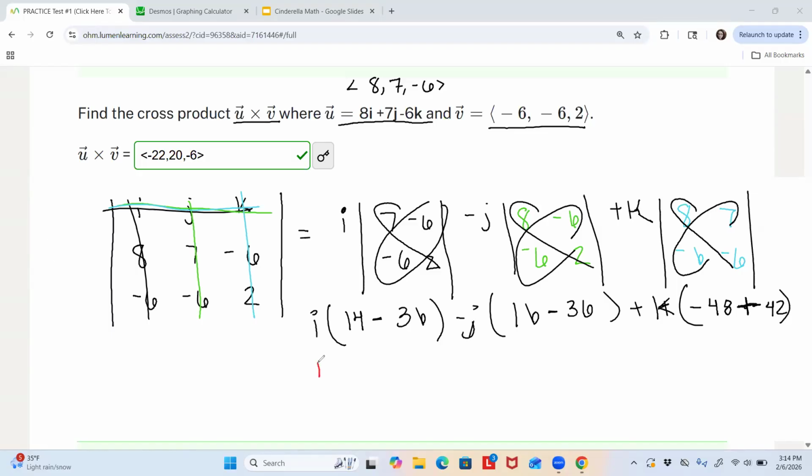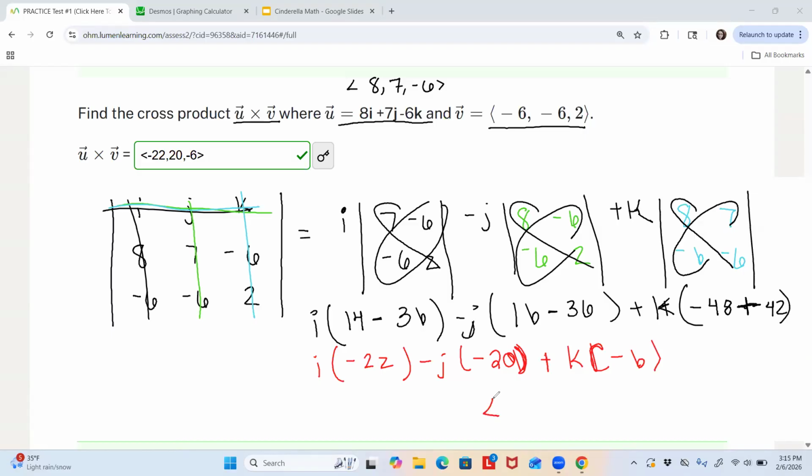So that's i, 14 minus 36, what is that? Negative 22. Minus j, 16 minus 36 would be negative 20. This pen is just having a connection issue. Plus k, and then add that, because minus turns to plus, that would be negative 6.